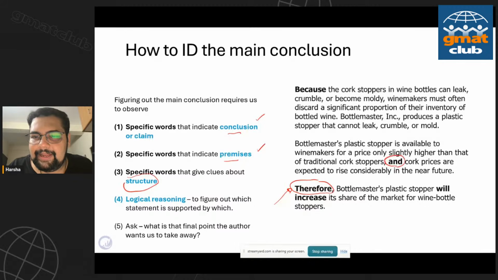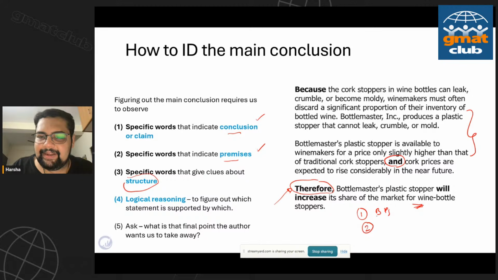Even a word like and. All of us have done this cork example, right? This plastic stopper example. Observe how the sentences are structured. Observe this and. So there is one point, that bottle master's plastic stopper is available at a price that is only slightly higher.